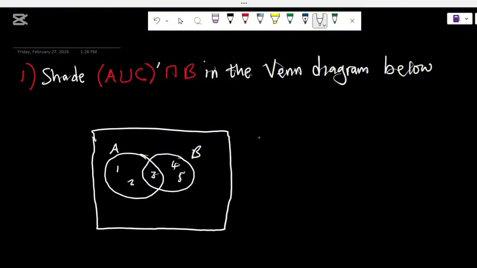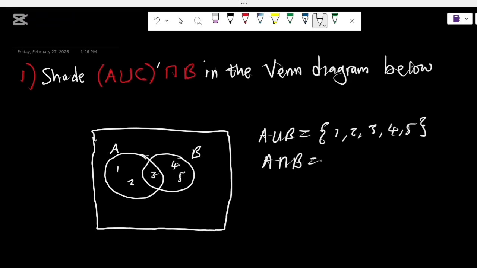And then you say, okay, so here A union B is equal to 1, 2, 3, 4, 5, right? And you can say A intersection B is equal to, what is common in both sets is actually 3. So you can say this is 3, right?